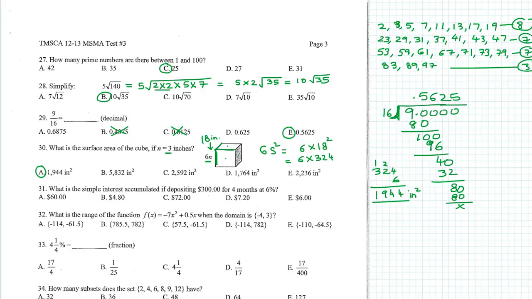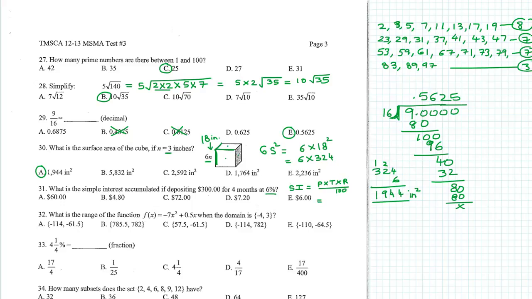Question 31. What is the simple interest accumulated if depositing $300 for 4 months at 6% rate of interest? So the formula for simple interest, SI is simple interest, is the principal that we are depositing times the time period for which we are depositing in years times the rate of interest over 100.